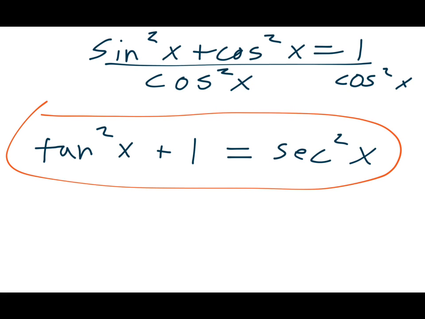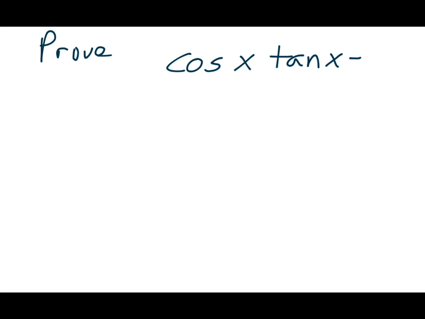Well, we're going to use these different identities to simplify statements. So let's take my first statement. I want to prove that cosine of x times tan of x is equal to sine of x.